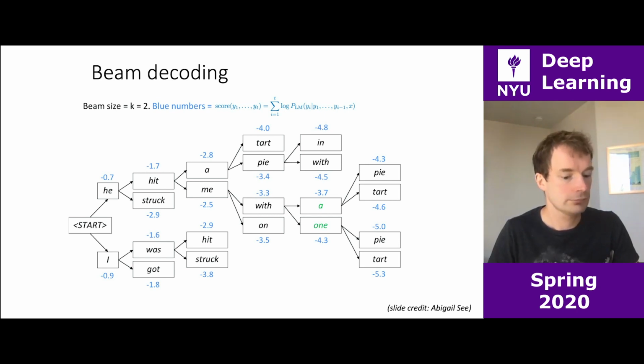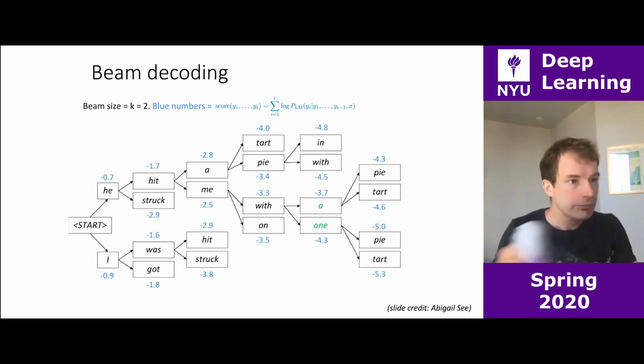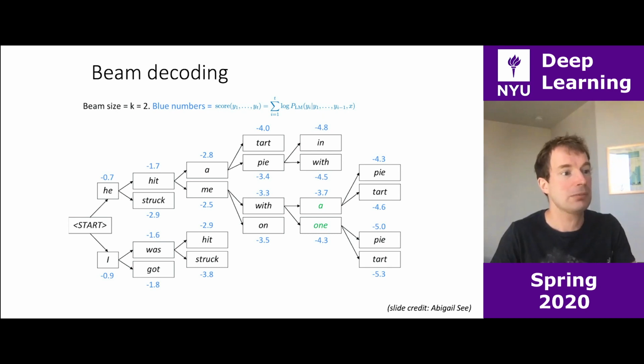So we are looking for the lowest total sum, is it correct? Yeah, these are log likelihoods, so we actually want the highest sum, where 0 would be a probability of 1.